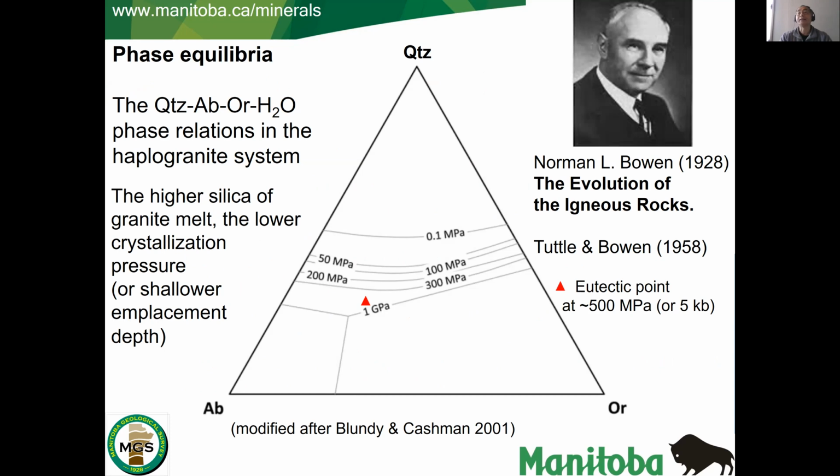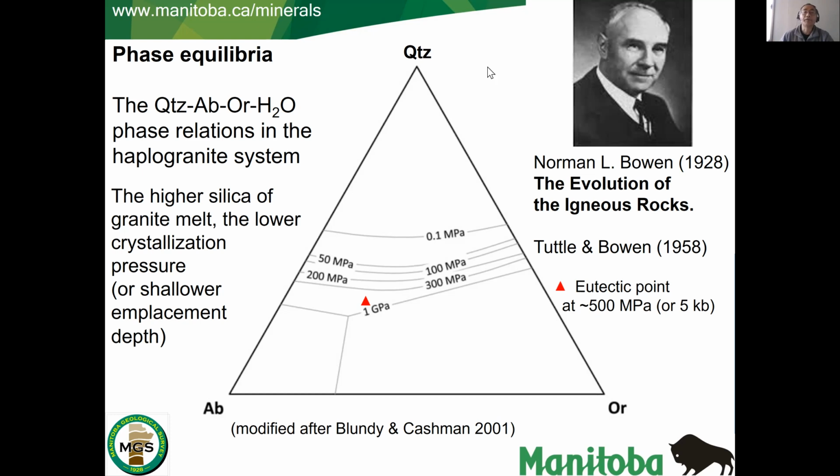It also pointed out that the origin of granitoids is magmatic, in line with James Hutton's viewpoints, because there was a lot of argument about the origin of granitoids. Ever since Bowen and his students established the haplogranite system, that has been the foundation of modern granite petrology.